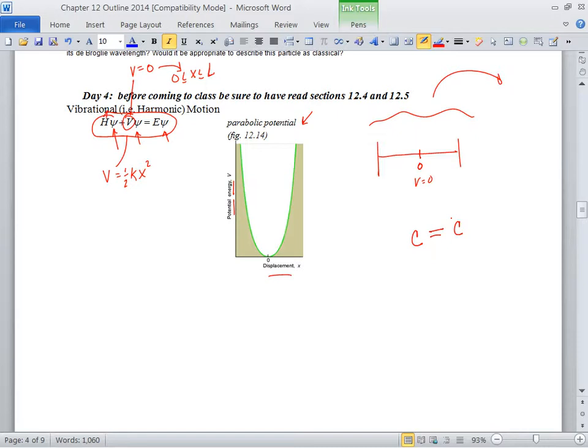So they're trying to replace these bonds with springs.